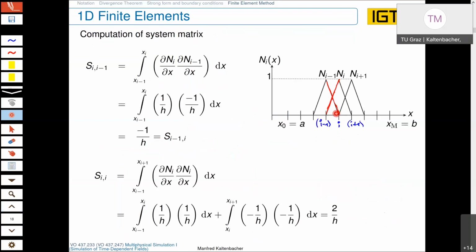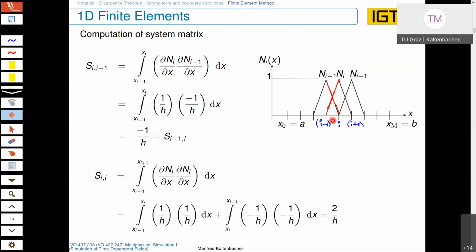Since they just overlap between node i minus 1 and node i, from the coordinate x_{i-1} to the coordinate x_i, we just evaluate the integral along this part of the computational domain.